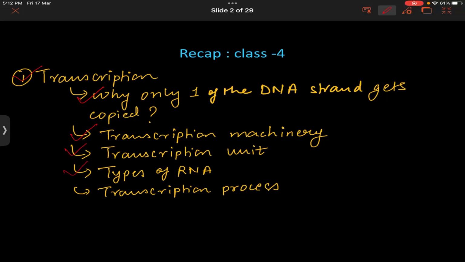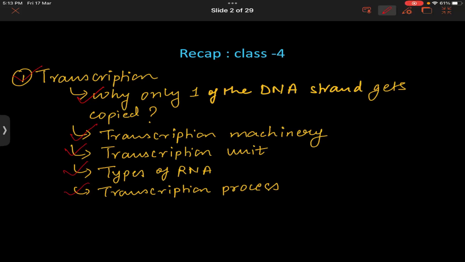And lastly, we looked into in detail the transcription process. The process consists of three steps: initiation, elongation, and termination. All right. So one by one, the RNA polymerase reads the bases that are there in the DNA and adds the base that is complementary to that particular base, and then moves forward.